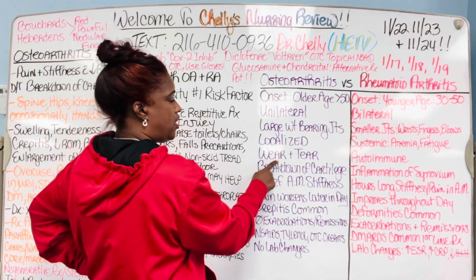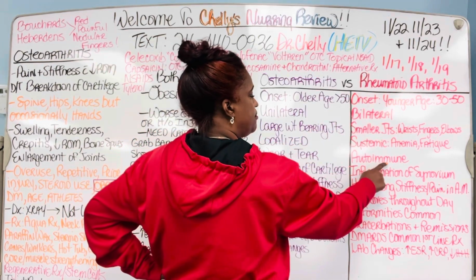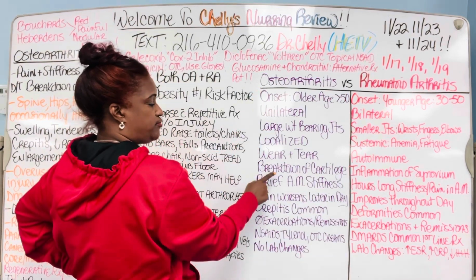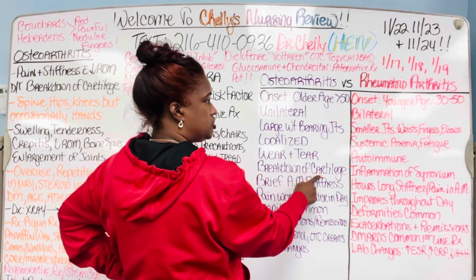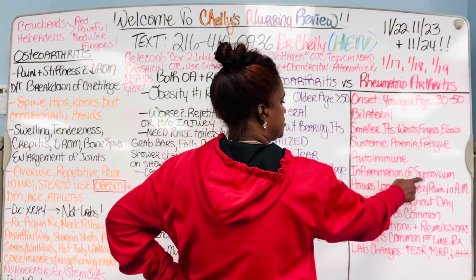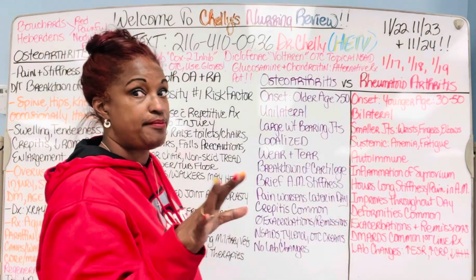Osteoarthritis is from wear and tear. Rheumatoid arthritis is due to autoimmune disease. Osteoarthritis is from the breakdown of cartilage. Rheumatoid arthritis is from inflammation of the synovium, which is the lining of the joints. Inflammation.